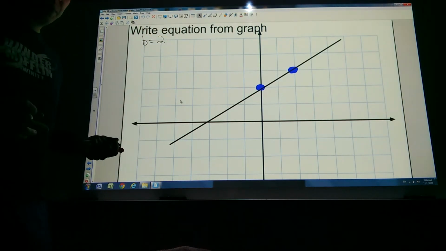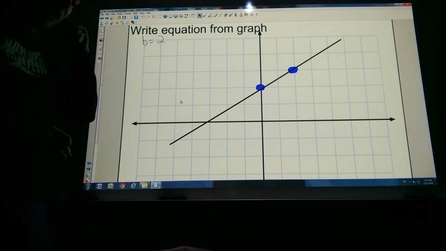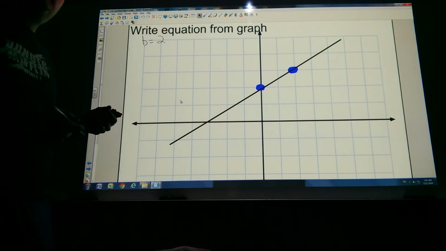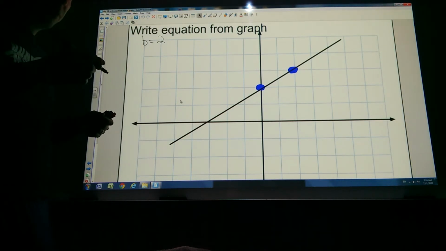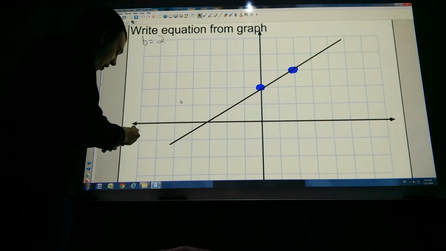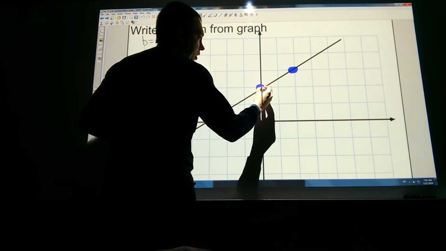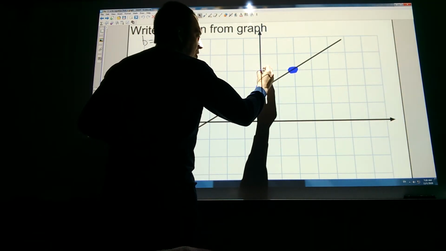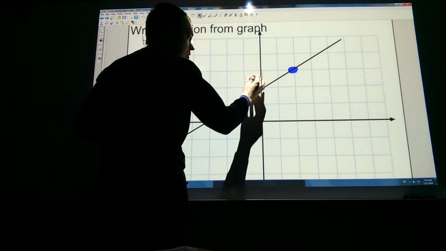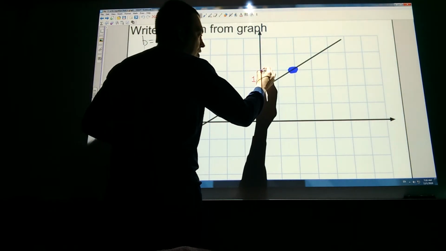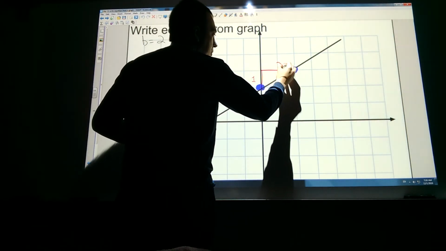And the slope, how much does it go up or down every time? To figure out the slope, we count up and over. From this point to this point, I go up 1 and I go over 1, 2.